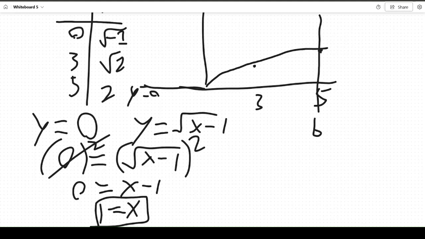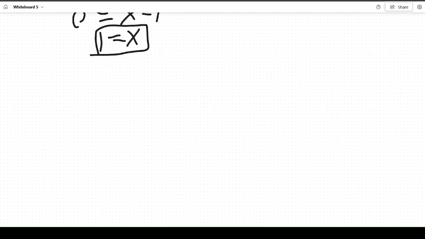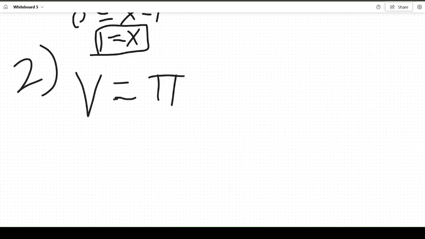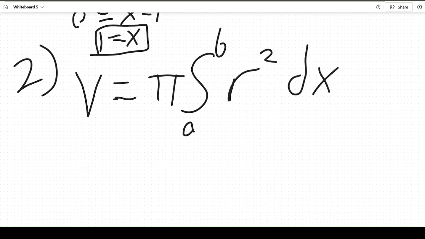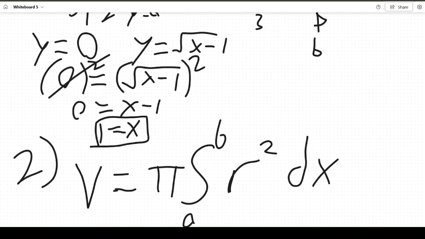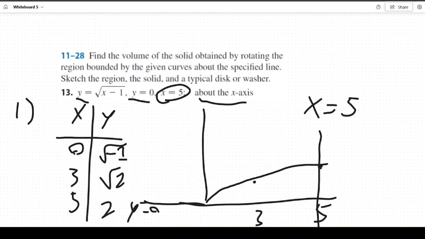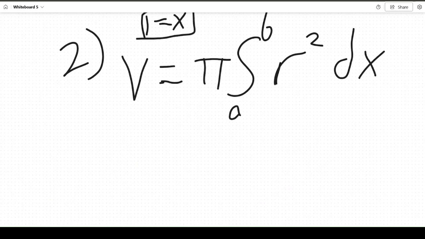So now we have all our information, and let's set up the volume equation. The radius in this situation is going to be this function.